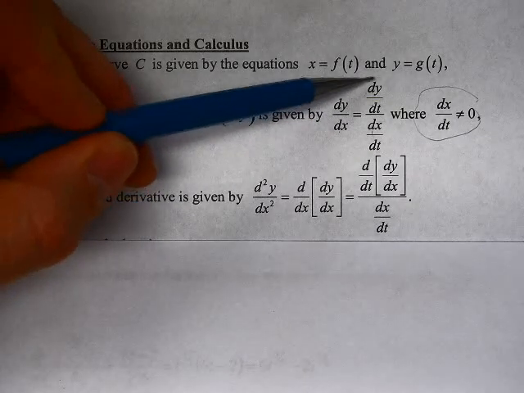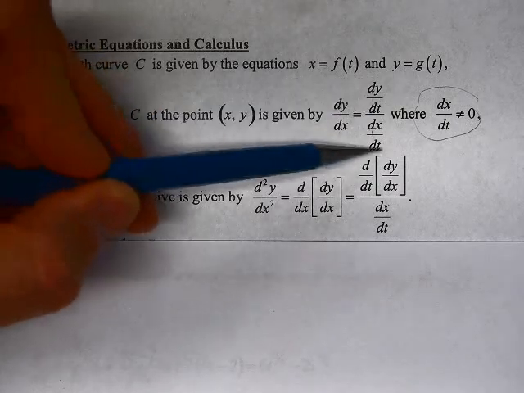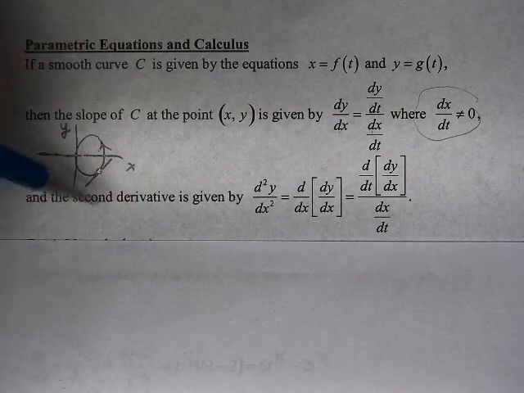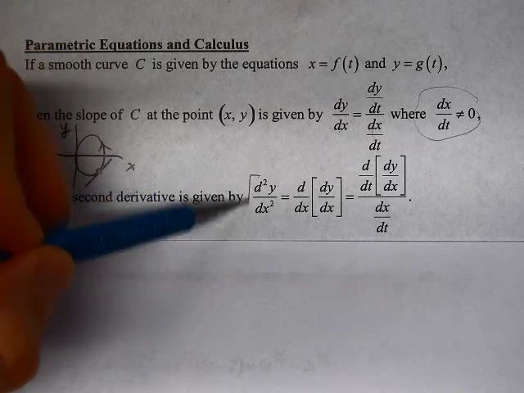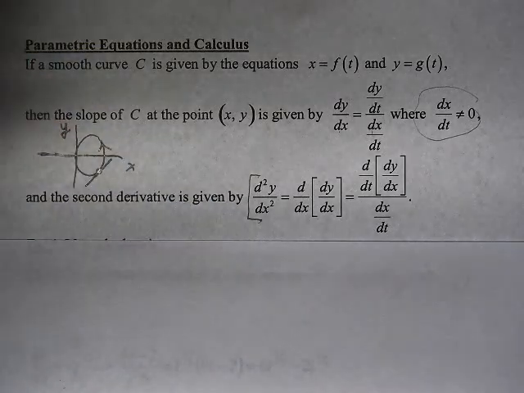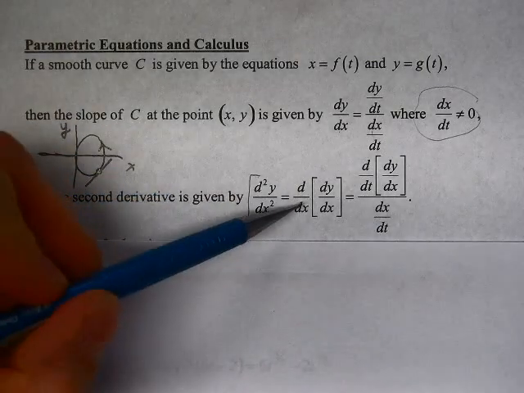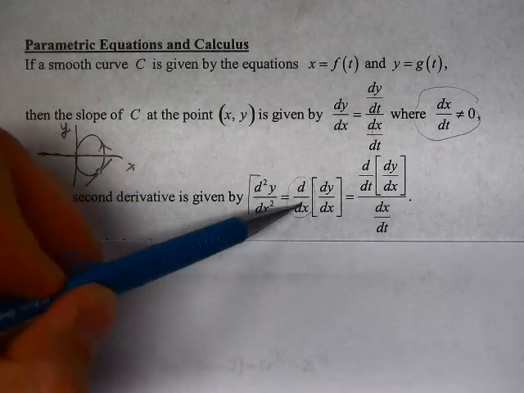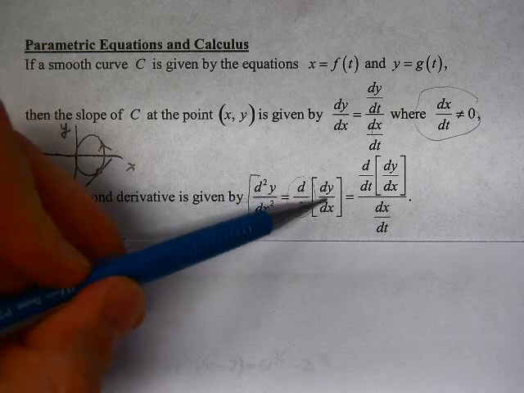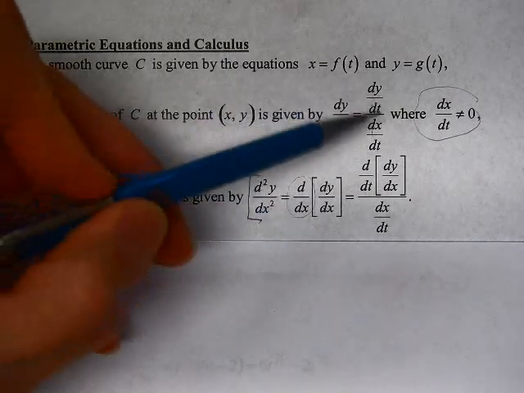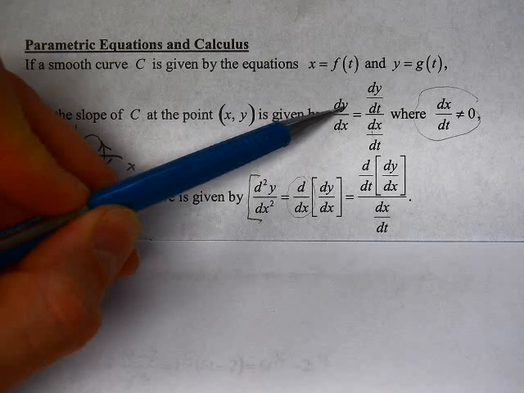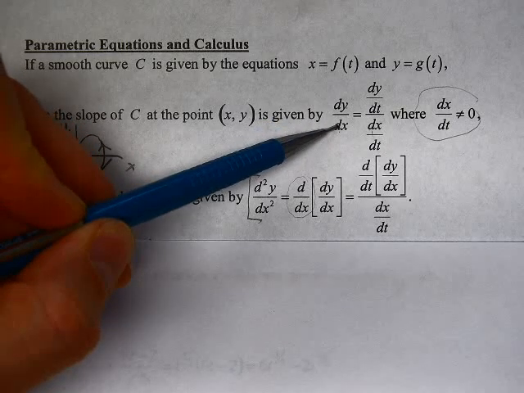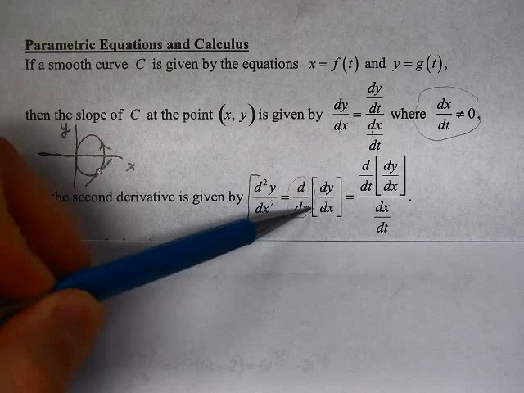We take the derivative of y with respect to t and the derivative of x with respect to t. The second derivative, the notation is a little bit strange. We've seen this notation before. All right, so that's nothing new. But what we're doing here is we're taking the derivative with respect to x of dy dx. Okay, so whereas here we had the derivative of y with respect to x, now we have the derivative of dy dx with respect to x.